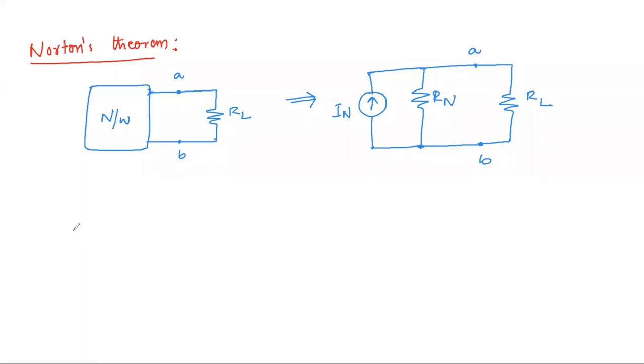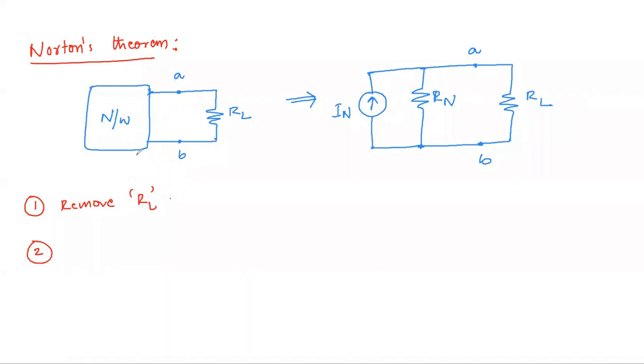Same thing. The first step in Norton's is the same. Just remove the load resistance RL. Second, this unknown network you have, right?